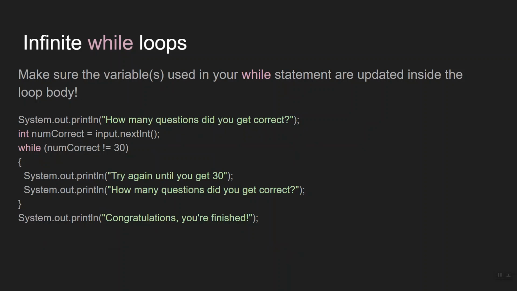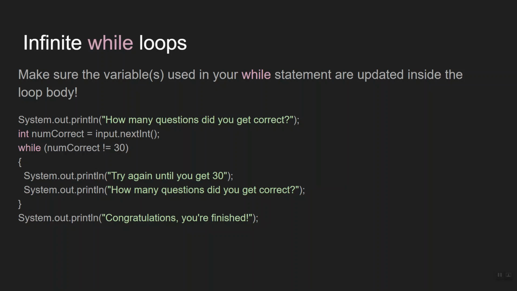And here's an infinite while loop, something that you need to be careful about as you are writing these loops. Because if you write a loop based on some variable, such as numCorrect not being 30, and you never give them a way for that loop to end, then it's going to continuously run and run, and theoretically would never stop.